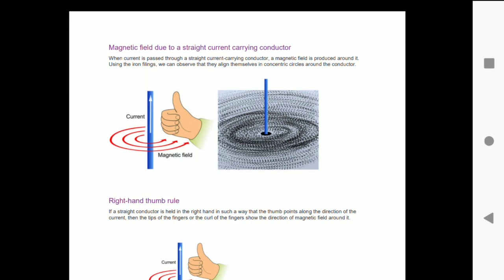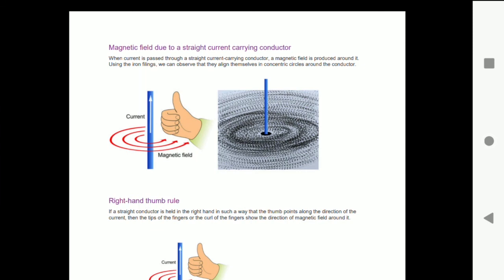A small plotting compass placed on the cardboard indicates the direction of the magnetic field. You know that a compass needle shows the direction of the magnetic field. When the current in the wire flows in the upward direction, then the lines of magnetic field are in the anti-clockwise direction as shown in the figure.